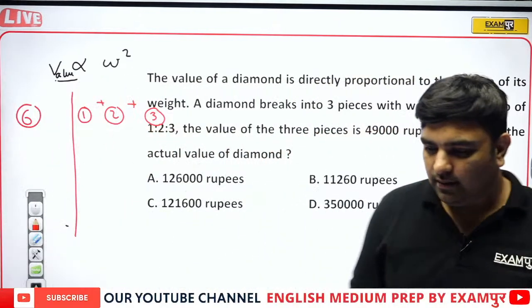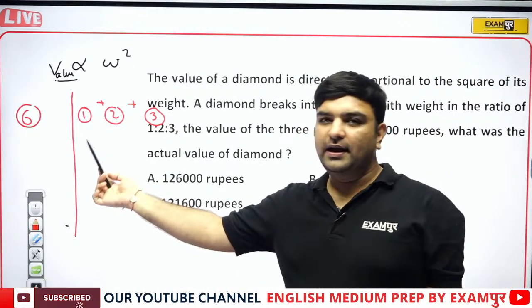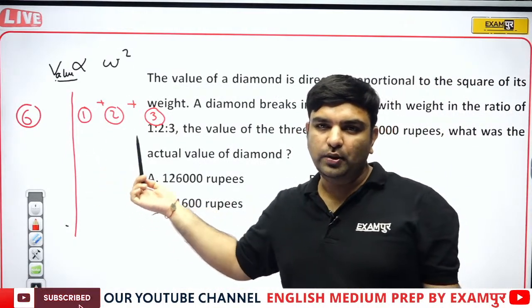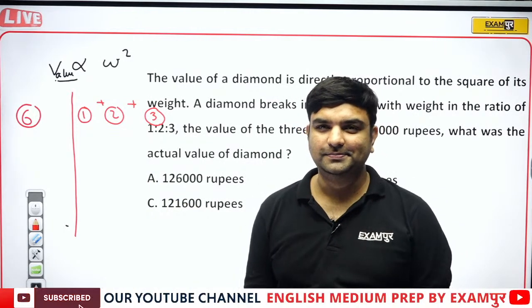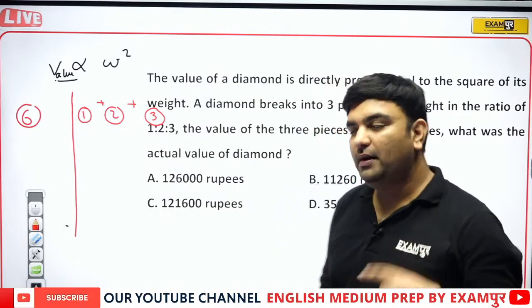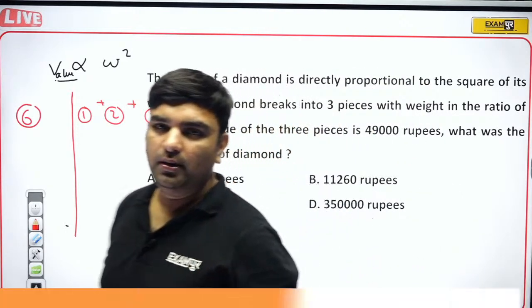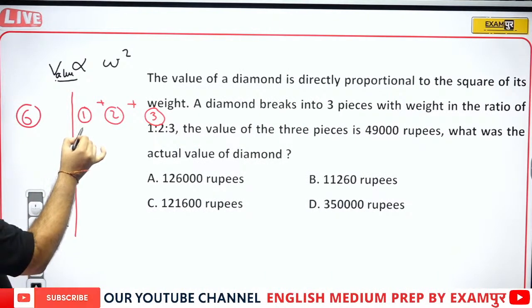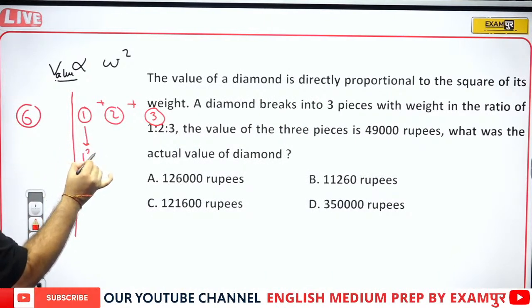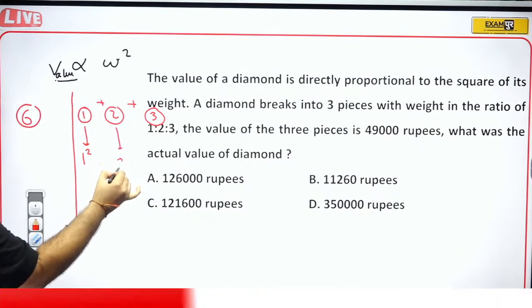Common sense. If after breaking their weights are 1, 2 and 3, then before breaking their weight should be 6. But now the value will play a major role, because the value is proportional to weight square.